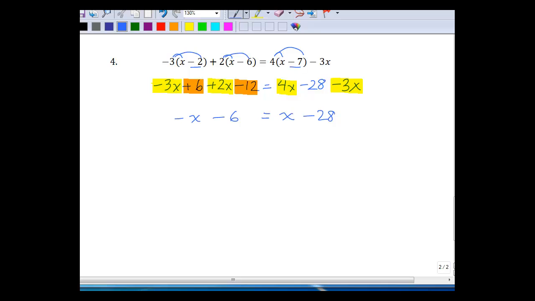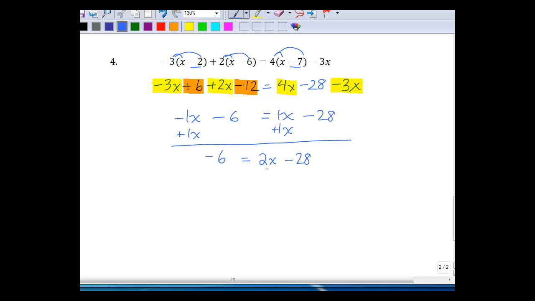Let's go to the right again this time. So this is a minus x here, or minus 1x, so I'm going to add 1x to both sides. You don't have to write that 1 down if you want to, but it helps some people. So that's going to be negative 6 equals, remember this is a 1x plus another 1x, that's 2x, minus 28.